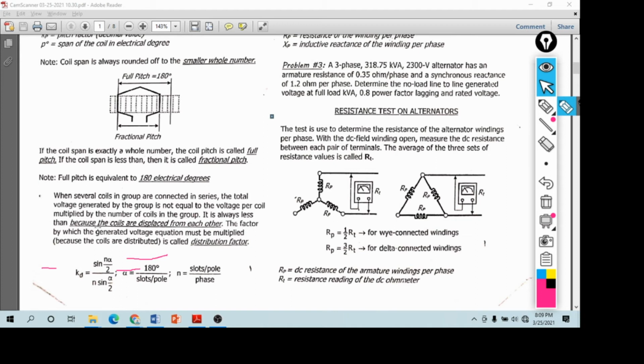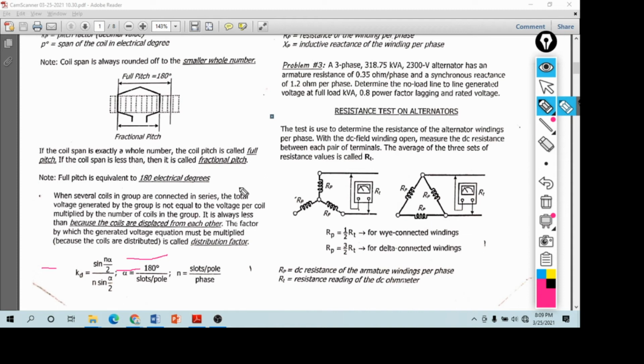It is always less, because the coils are displaced from each other. So the factor by which the generated voltage equation must be multiplied is called the distribution factor.